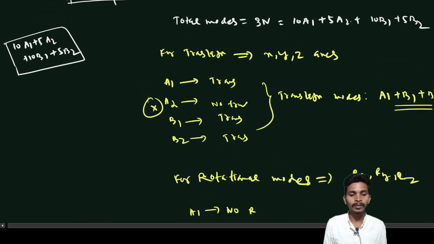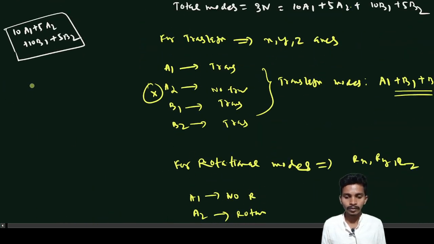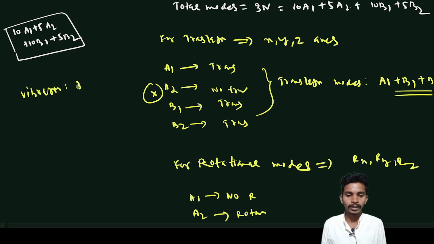Okay, so now for vibrational, what are we saying? We know that for vibrational, we do 3n minus rotational plus translational. Here the 3n is the total modes. So total modes we have this: 10A1 plus 5A2 plus 10B1 plus 5B2.